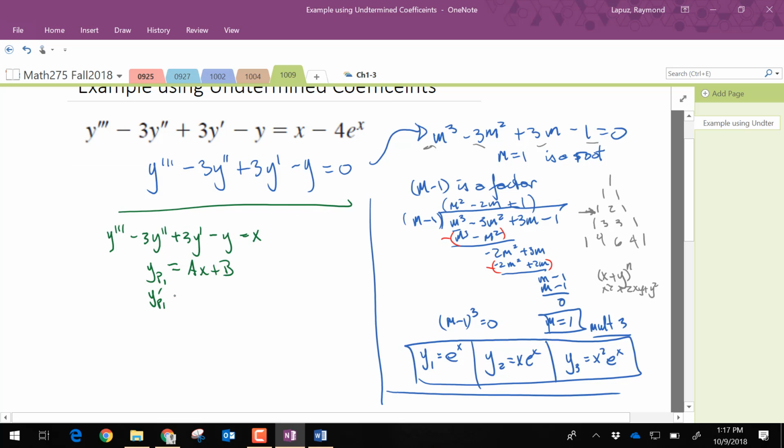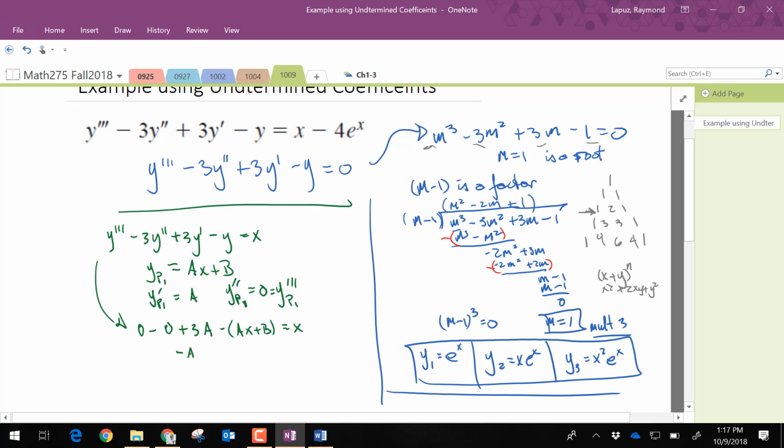Y sub p sub 1 prime is going to be a. Y sub p sub 1 double prime is 0. And that's the same for y sub p sub 1 triple prime, which is 0. So we can just plug all that into our differential equation. We have 0 minus 3 times 0 plus 3 times a minus y, which is ax plus b, is equal to x. So we'll match the coefficients of the x term and the constant term.